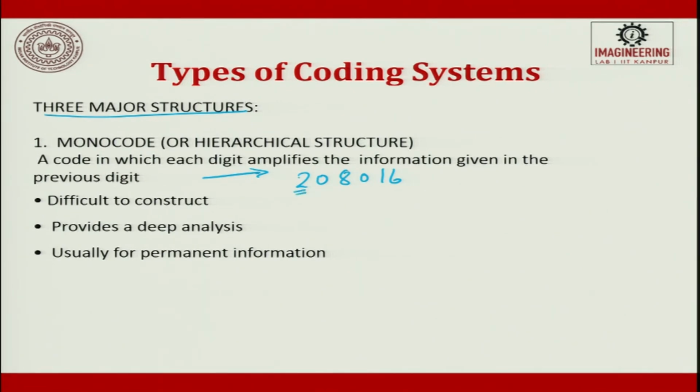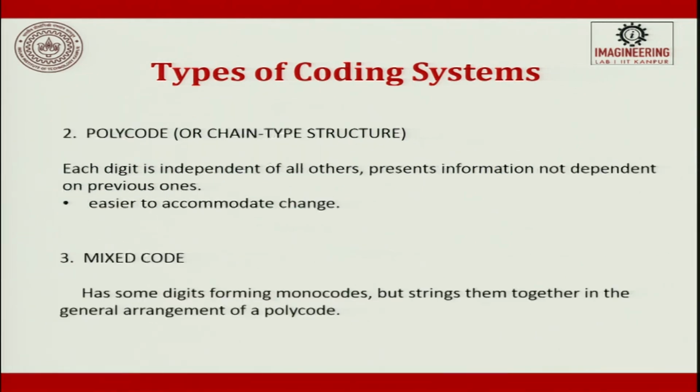Each digit adds information to the digit which follows, or I should say each digit gets more information from the previous digit. It is difficult to construct, because when you have 13 digits, it is very difficult to do. It provides a deeper analysis, usually for permanent information. That is why I said a post office or a bank can do it. So, the difficulty is in construction, you have to have a deeper analysis of the complete part, and then it gives you permanent information.